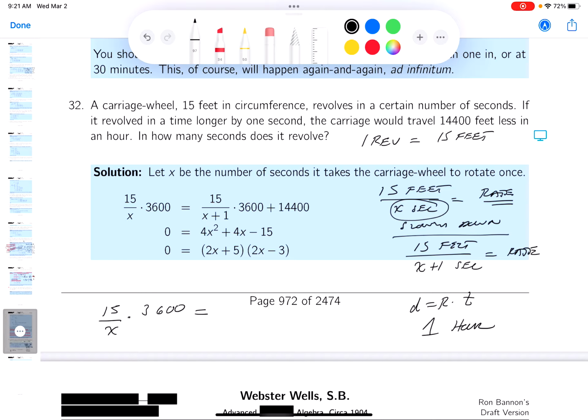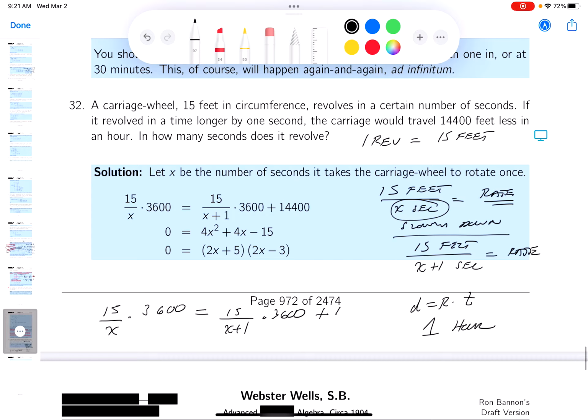Would be equal to, well, the slower guy, he travels less distance, by the way. That would be 15 over X plus 1 times 3,600, but it's less. All right, so I have to add something onto it. How much more? Well, this number.